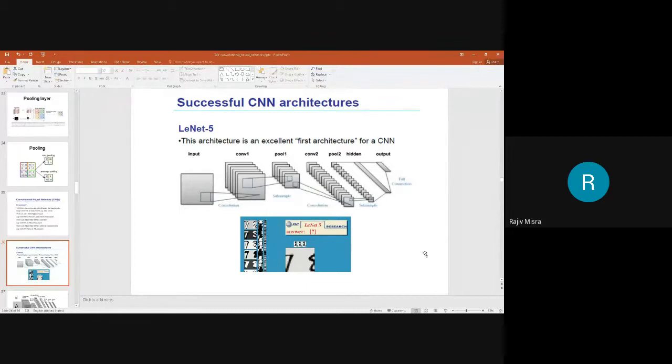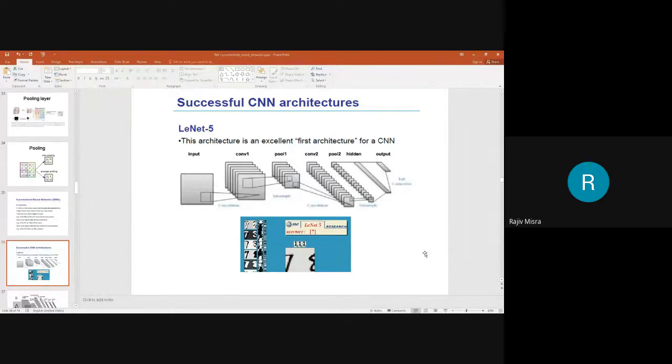So let us understand this particular LeNet 5, which was used heavily for understanding handwritten digits in checkbooks and other things. Let us see inside it, what kind of architecture is used to build this CNN-based model.